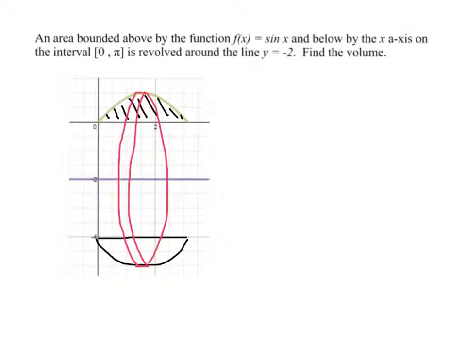But I also have this point that's been rotated around. Let me shade this. This is supposed to be my thickness. Of course, that's still dx. So it ends up looking like a donut or a washer or something like that.